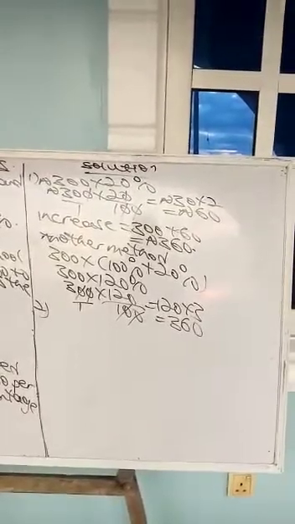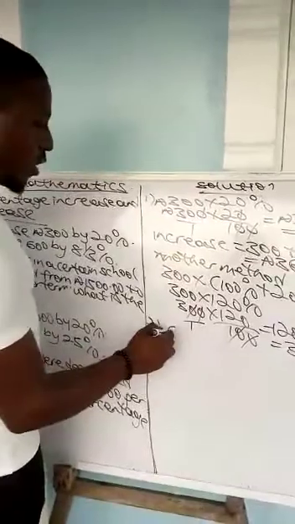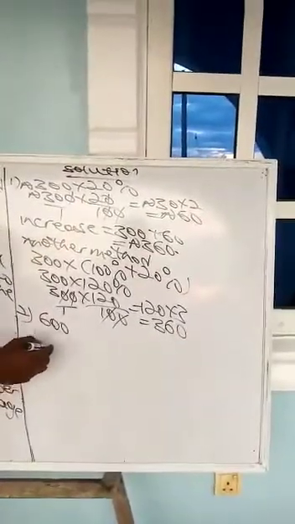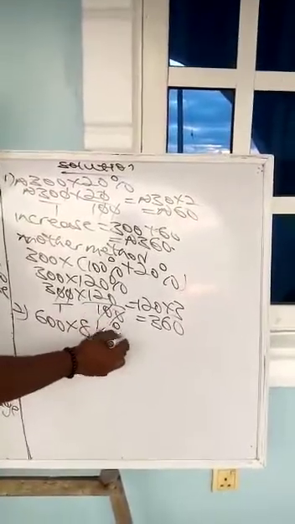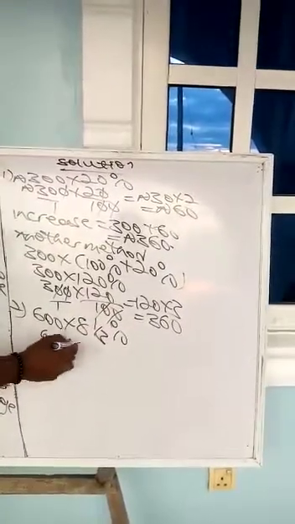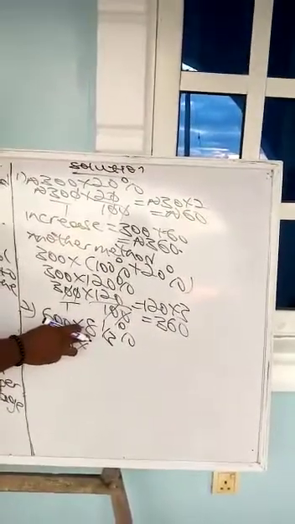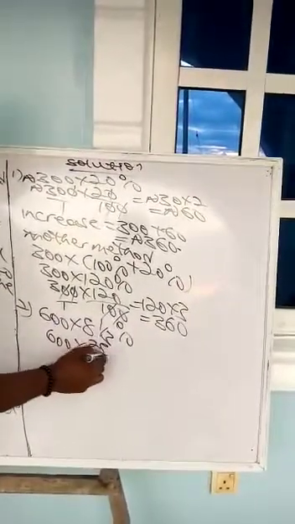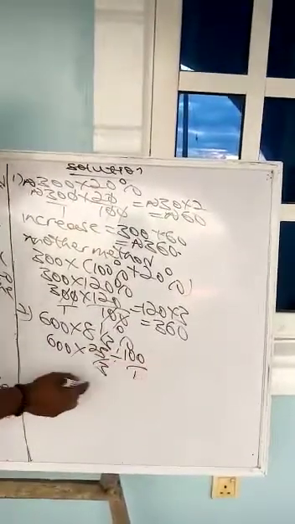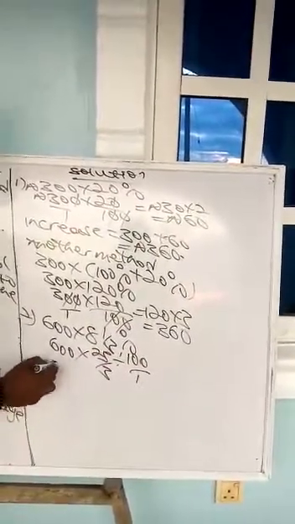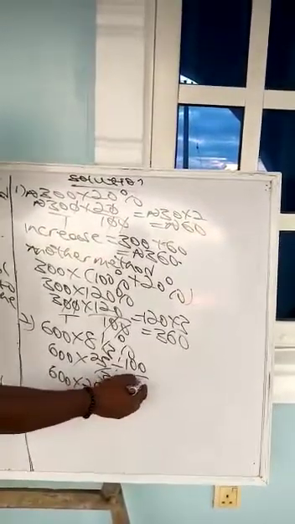In the next question, we are asked to increase 600 by 8 1/3%. So this is going to give us 600 times 8 1/3%. As we did in the other work, we are going to change this to an improper fraction. That will give us 25 over 3. Percent means over 100, so divide by 100. This will now give us 600 times 25 over 3, and then we reciprocate.